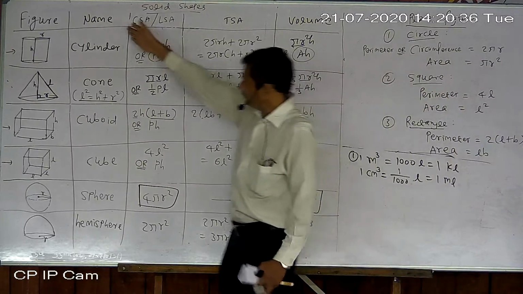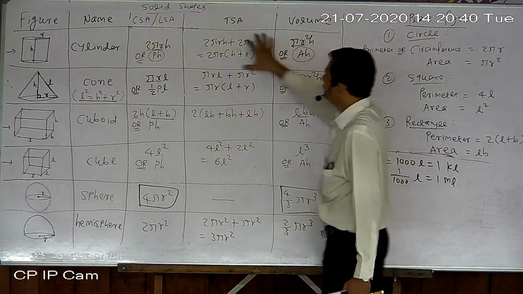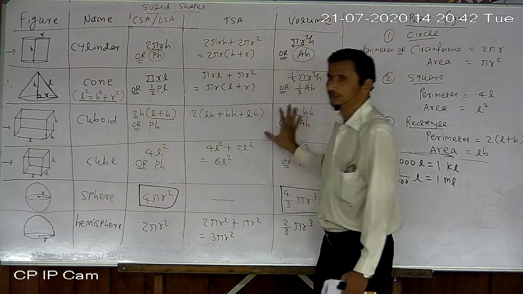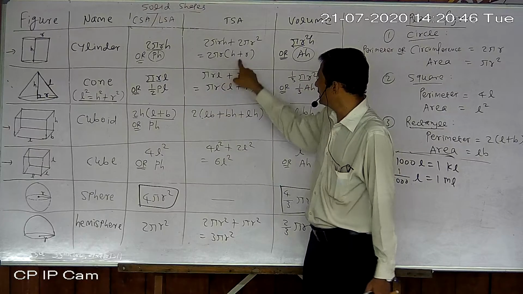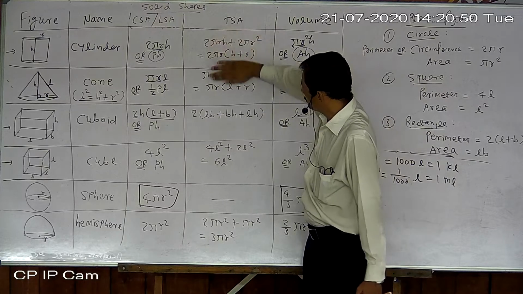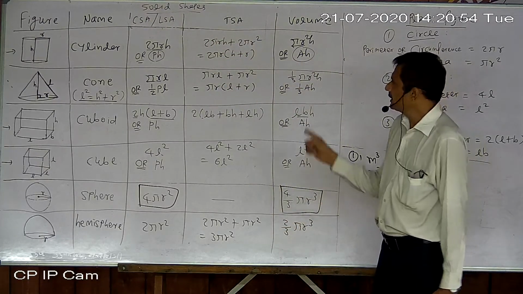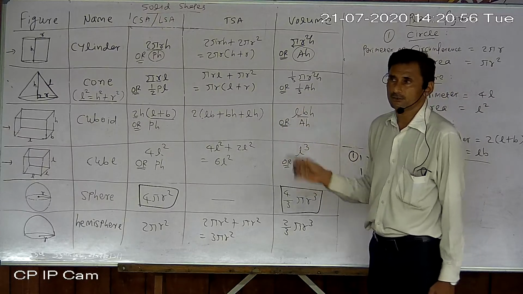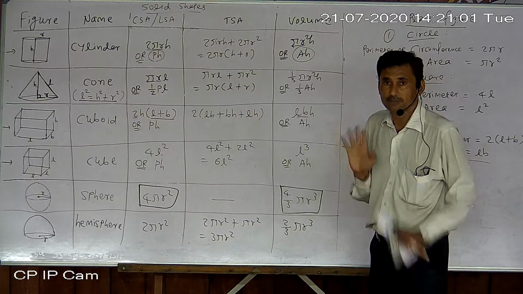You can write down all the shapes' names, CSA, TSA, volume names, but nothing else. Then fill up all the formulas. You can write directly this also; no need to write this to this. So this way you prepare, and by writing practice only you learn it, not just read and forget.